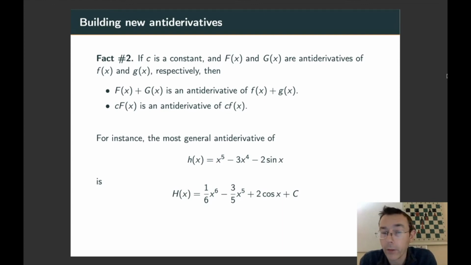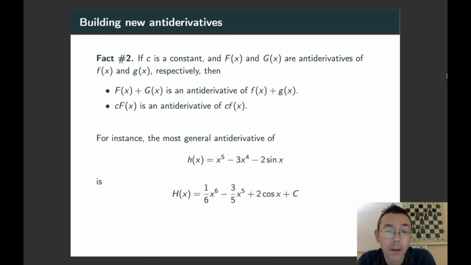First, we'll look at x to the fifth, then 3x to the fourth, then 2 sine of x. So x to the fifth, I'm going to raise up the power by 1 and then divide by that power. I get 1/6 x to the sixth. X to the fourth, I raise up the power and divide by the power, x to the fifth over 5. I multiply it by -3. So -3 times 1/5 x to the fifth, -3/5 x to the fifth.